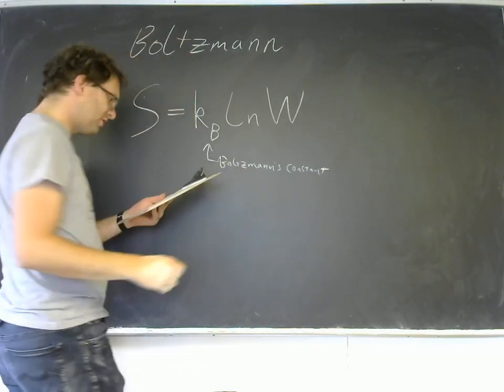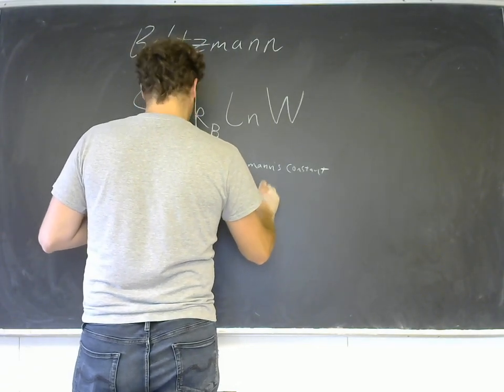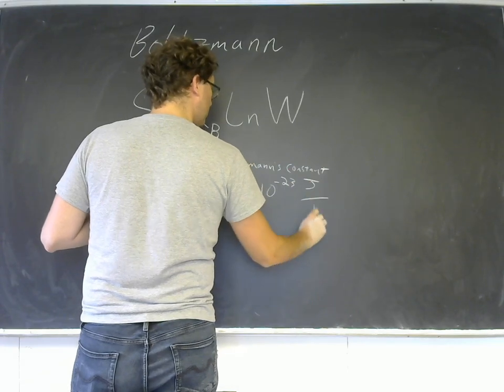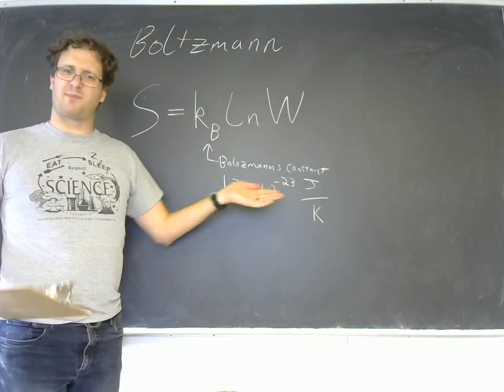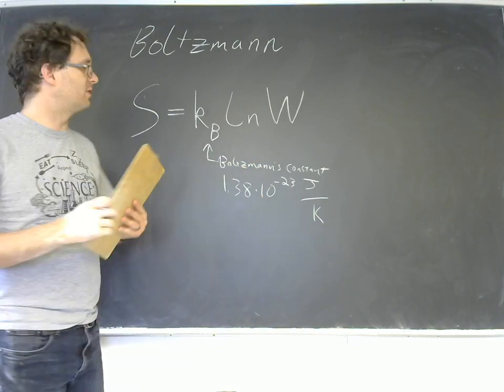And Boltzmann's constant has a value of 1.38 times 10 to the negative 23rd joules per Kelvin. And this joules per Kelvin, that's the proper unit for entropy, which is a little weird to wrap your head around, but you'll get used to it.